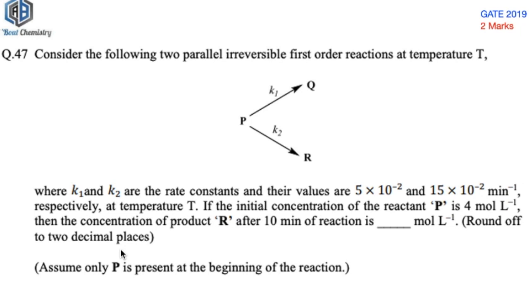Assume that only P is present at the beginning of the reaction. Don't get confused with this, it's pretty simple. It just says that P is present at the beginning of the reaction, which means initially Q and R were not present when the time was 0. That's the condition given to you.